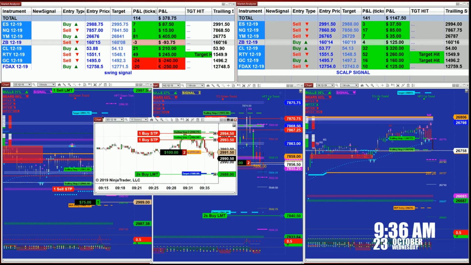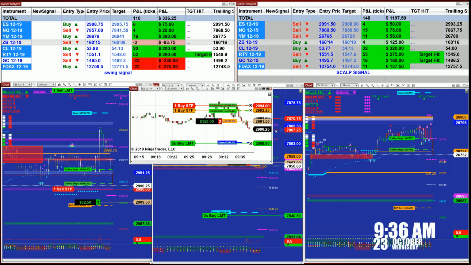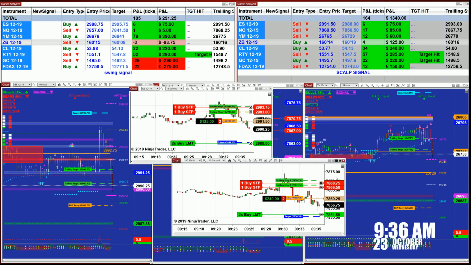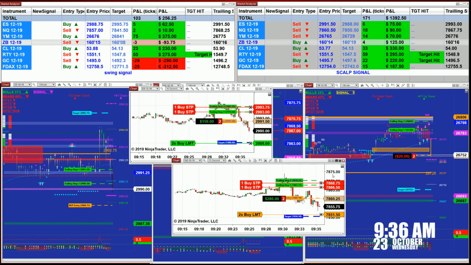So right now, on the scalper trading from the signal, you are already 6 ticks on one trade, 12 ticks on 2 contracts, and this one here, we nailed almost $600.